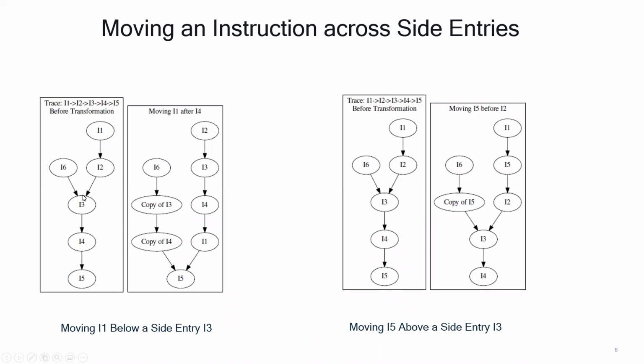So assume that we want to move I1 after I4 in the schedule. What will be the consequence of that?